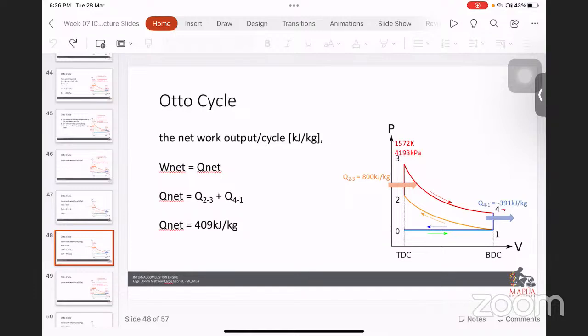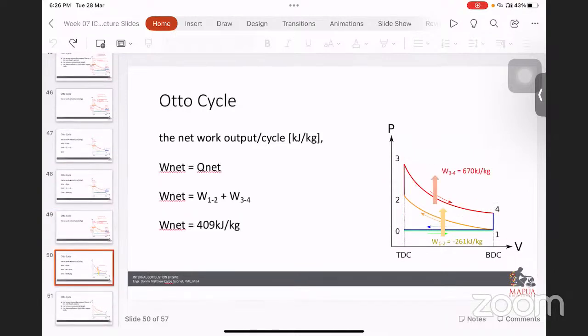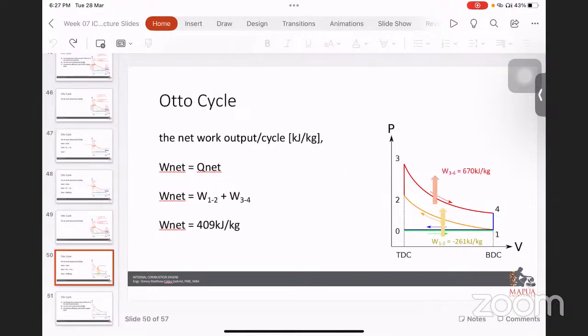Kung yung Q net is equal to work net, so dapat parehas din. Yung work na nakuha natin kanina, ayan, is 261. Tapos yung isa, yung work out natin sa point 3 to 4 is 670. Pag pinag-add mo sila, ang sagot pa rin ay 409.